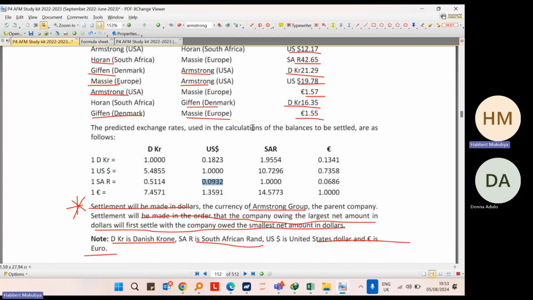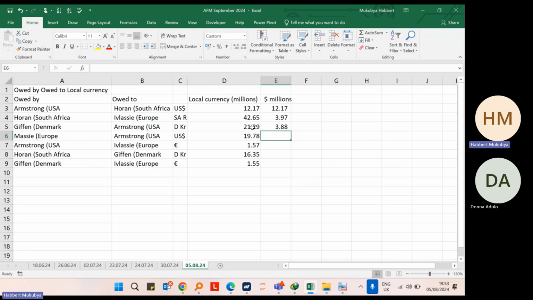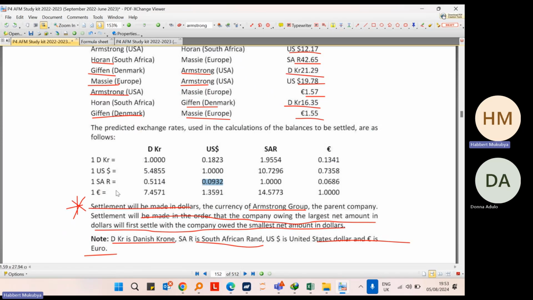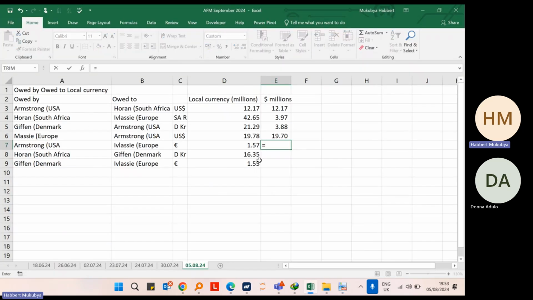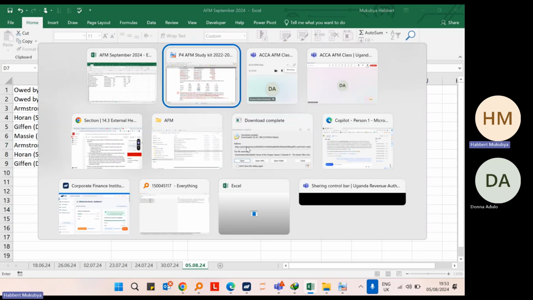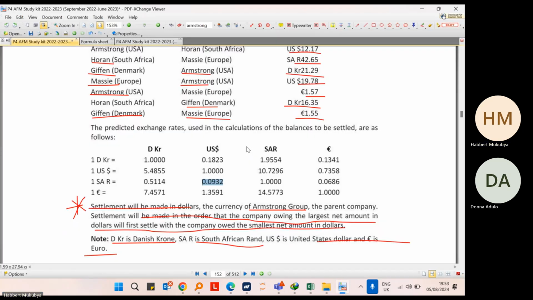So now we want to convert the next one. It's already $9, so that is okay. Then we also need to look at the euros. So 1 euro is equal to $1.3591. So we multiply that by 1.3591.